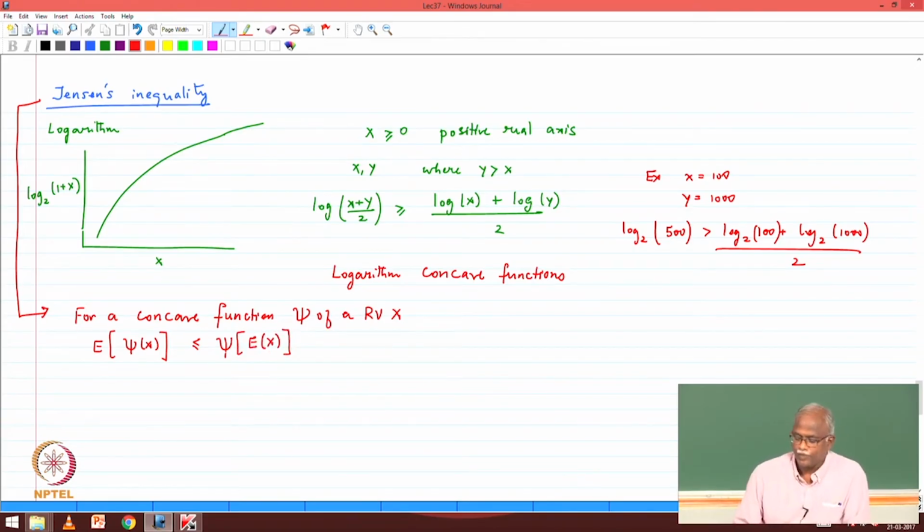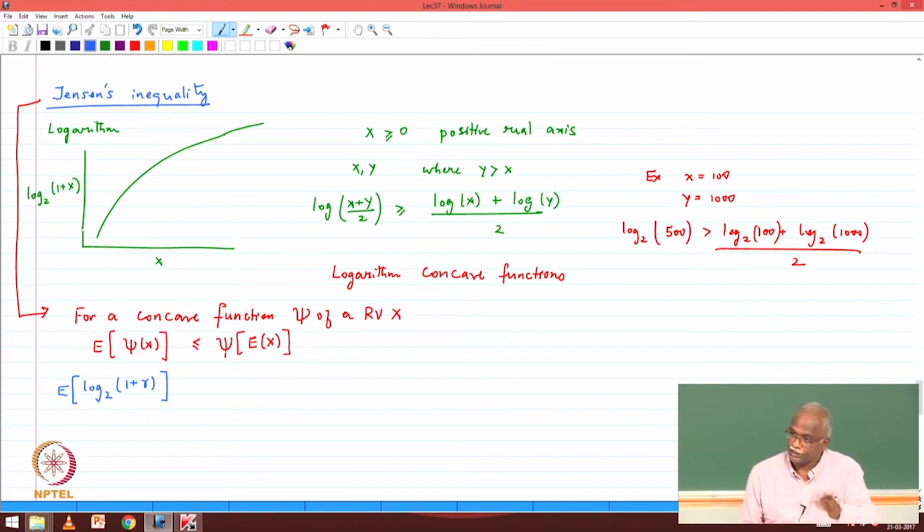For a concave function, the expected value of the function is less than the function evaluated at the expected value of the argument. Now the key thing is what we are trying to study. I want to know the ergodic capacity. Ergodic capacity is the expected value of log base 2 of (1 plus gamma).